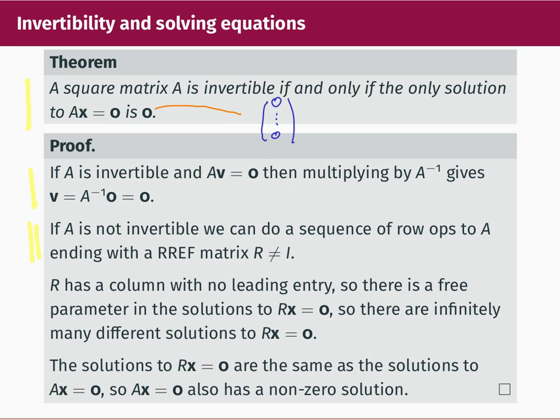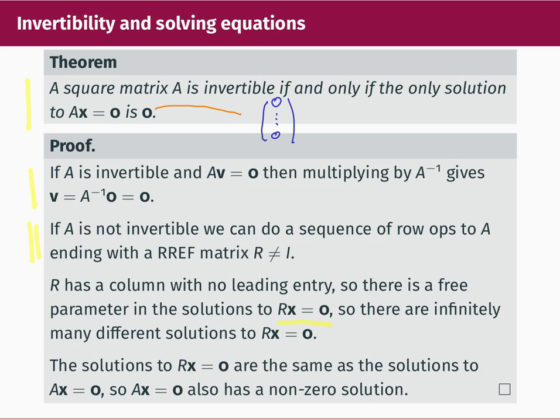If there's a column with no leading entry, then there is a free parameter in the solutions to the matrix equation Rx equals 0. That's because if you have a system of linear equations whose augmented matrix is in row-reduced echelon form, then the variables corresponding to columns with no leading entry can be chosen freely. They're free parameters.